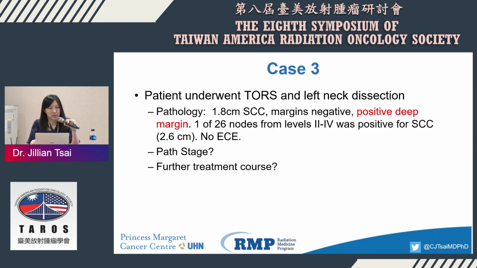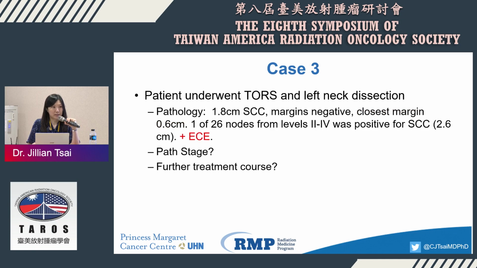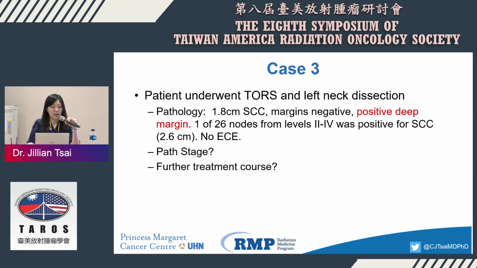The question is, do you use chemotherapy or not? And what is the dose for that primary disease with the positive margin? Because based on the Bernier combined analysis, any positive margin or extracapsular spread is an indication for chemo. But for a treatment-naive T1N1 tumor, if you never had surgery for this patient, not many people would offer chemo, right?